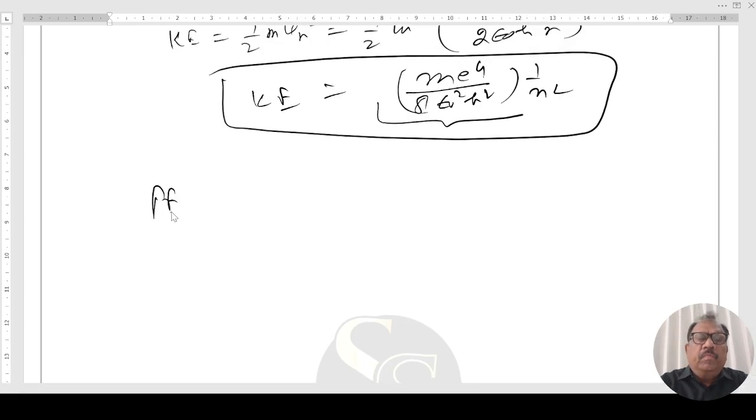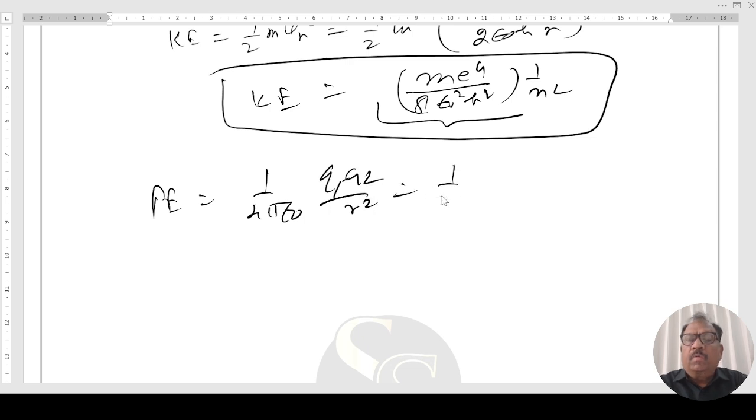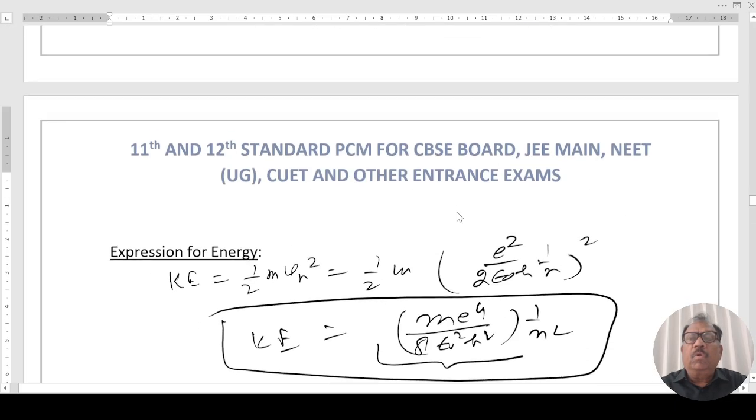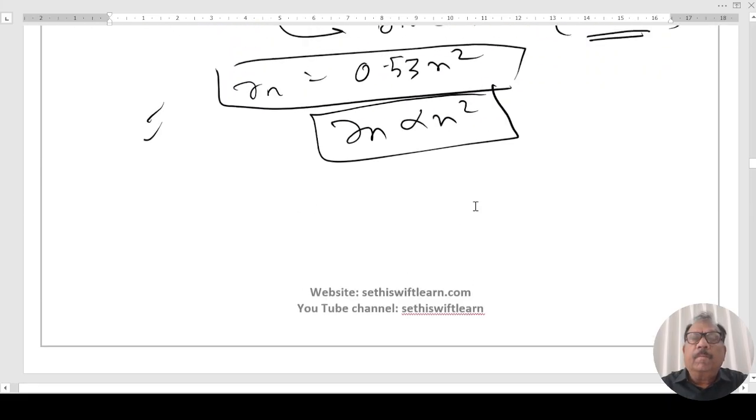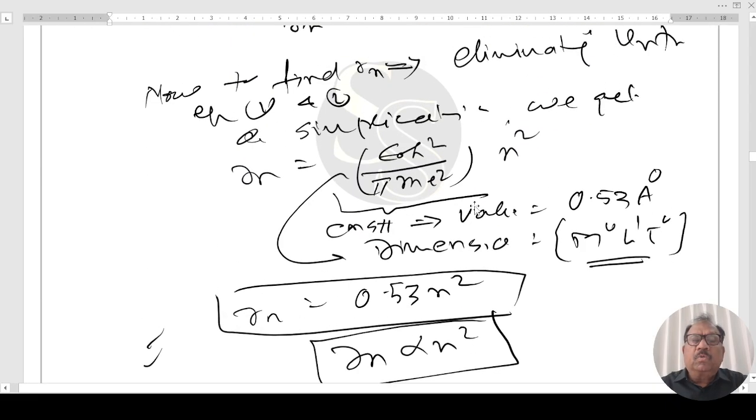Potential energy. Potential is equal to 1 over 4 pi epsilon naught q1 q2 upon r square. That is 1 over 4 pi epsilon naught e into minus e upon rn. We put the value of rn from above, epsilon naught h square upon pi m e square.